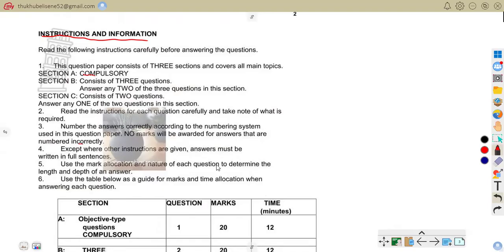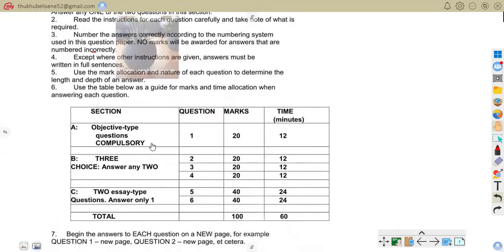Except where other instructions are given, answers must be written in full sentences. Use mark allocation and nature of each question to determine the length and depth of an answer. Instruction number 6: use the table below as a guide for marks and time allocation when answering each question. So this is the table that we are just talking about. You just go through this table, it will guide you.